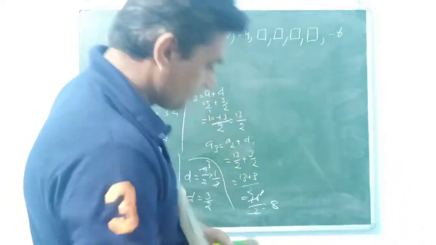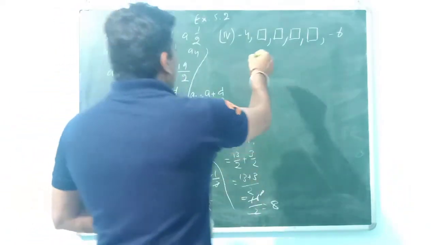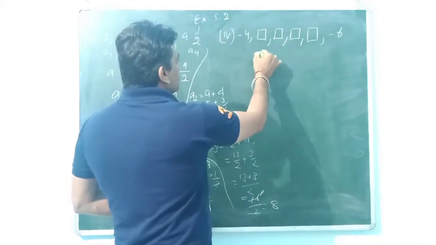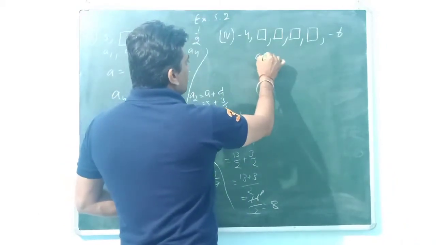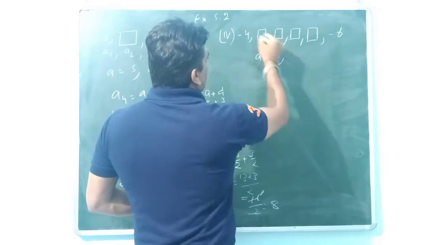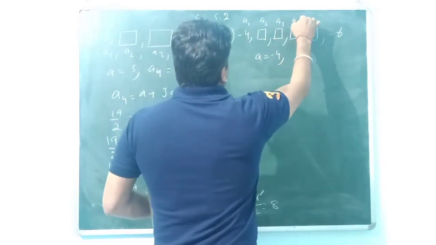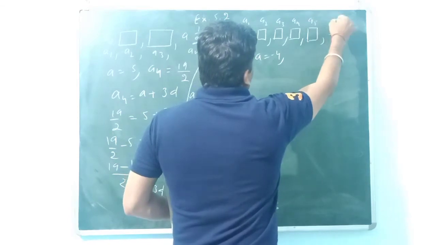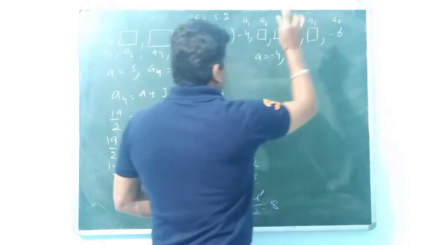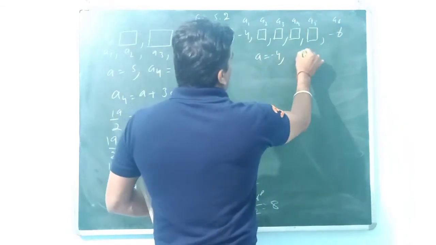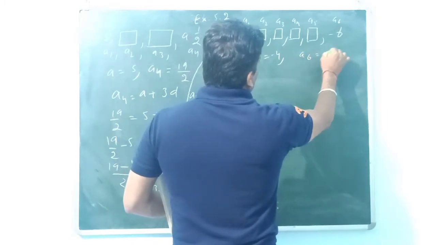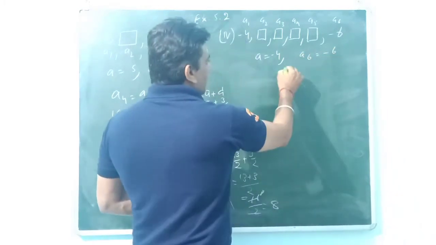Part 4 is, from here A is equal to minus 4. This is A1, A2, A3, A4, A5 and A6. A4 is minus 4 and A6 is equal to minus 6.